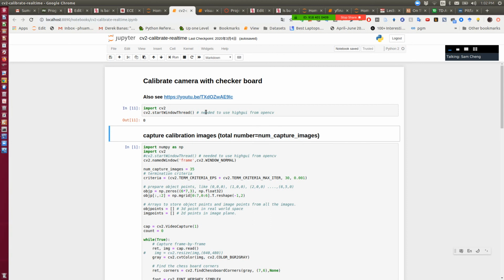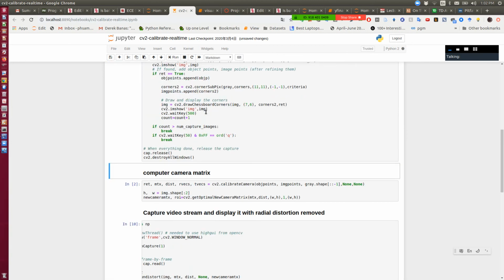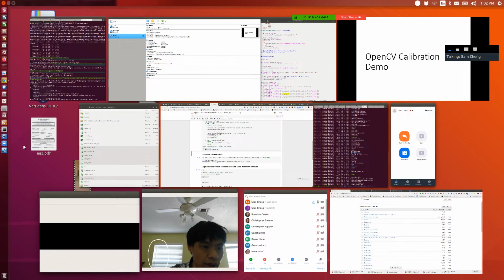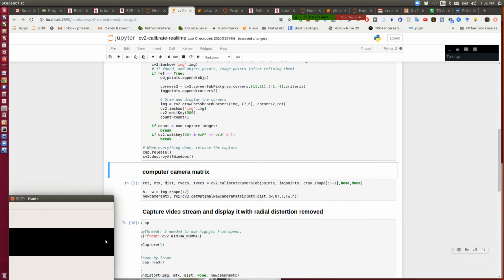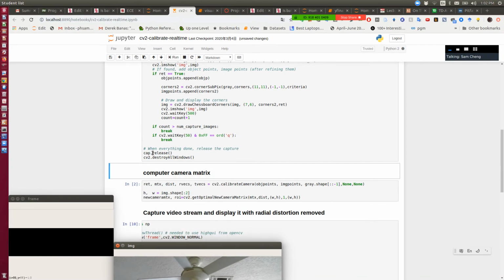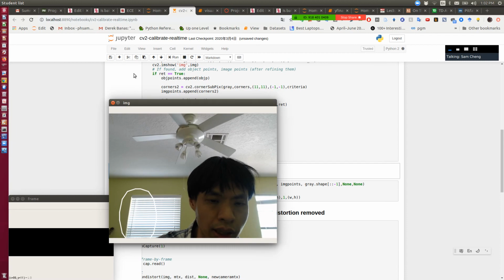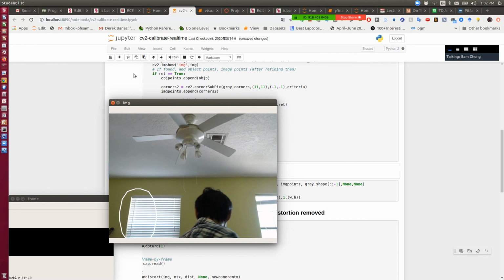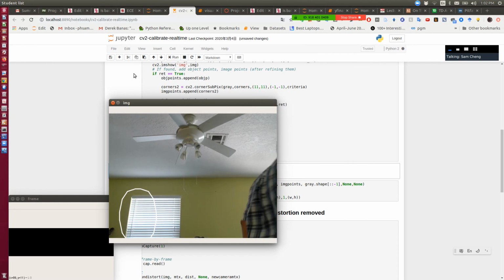So let's see. Oh, okay, it should be somewhere here. So here it is trying to look for a calibration board here. Let me look for, oh, here.